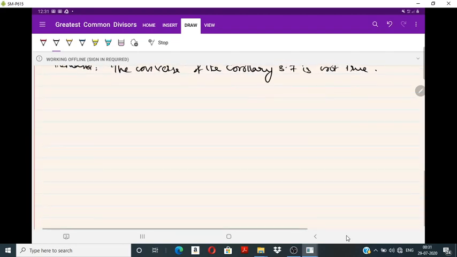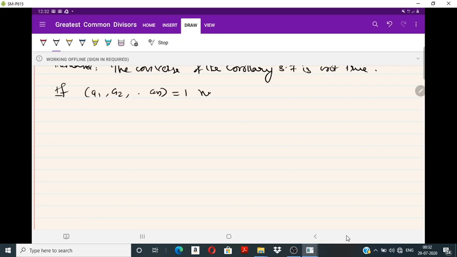That is what we need to show, that if GCD of a1, a2, etc. an equal to 1, it need not imply that a1, a2, etc. an are pairwise relatively prime.